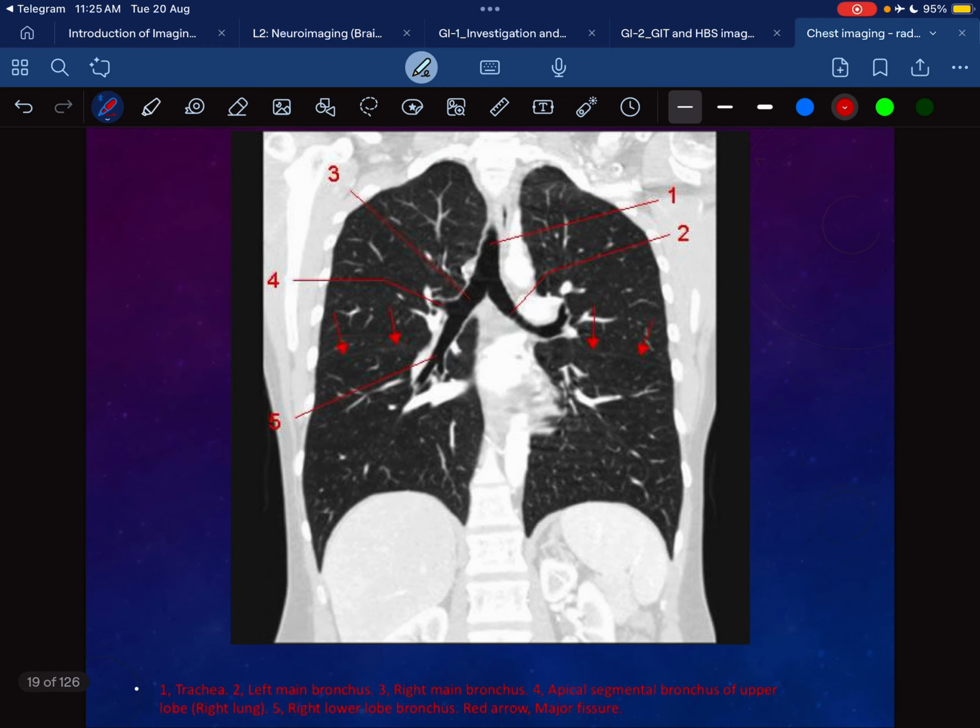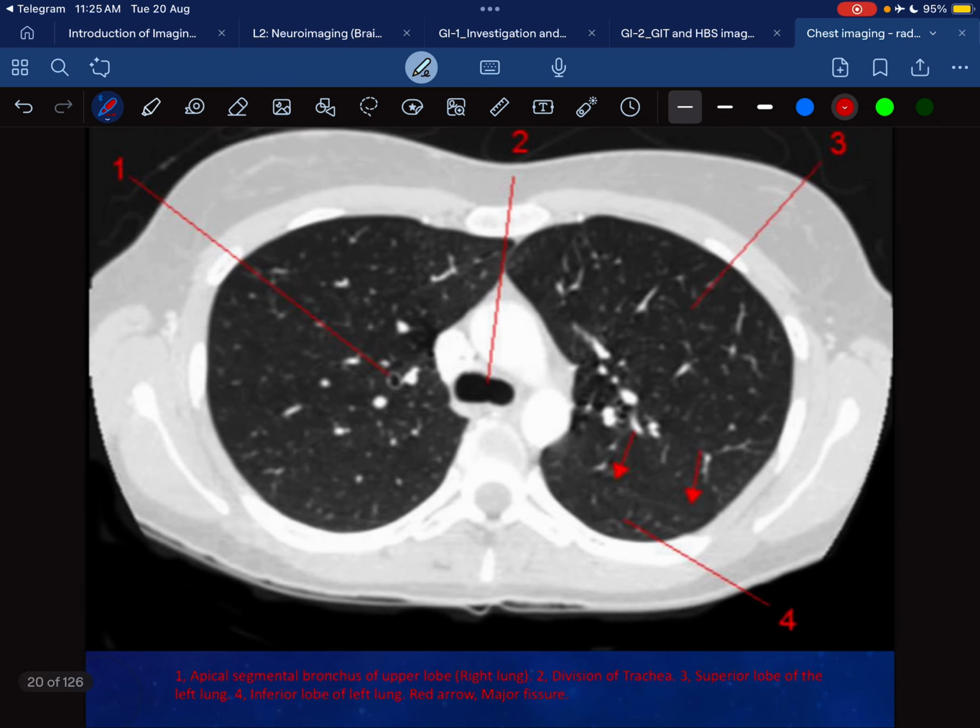So this is the lung window. That's the window where you can see the lung very well, but you don't see the other tissues well. Main bronchus divided to right and left, and then upper and lower lobes. And that's the fissure. Again, you are higher up, above the bifurcation, so you are almost at the level of the upper lobe.